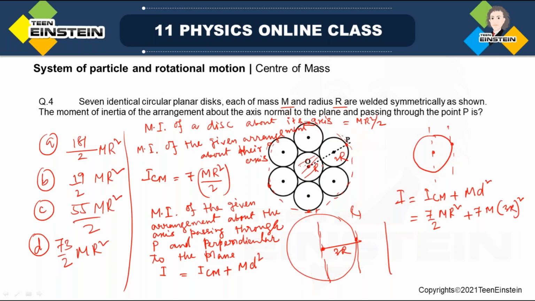Okay, or we could do this thing. Okay, this is fine, I guess. So if we just solve it, see, 7 by 2 plus this is 7 into 9, and mr square, anyway this is common.